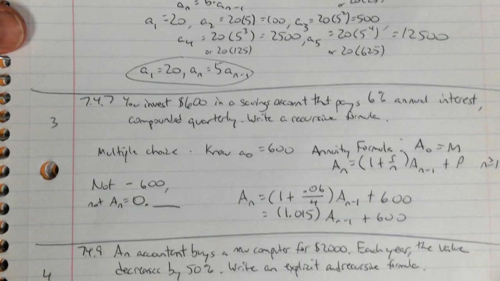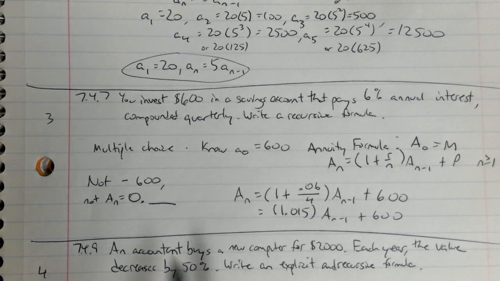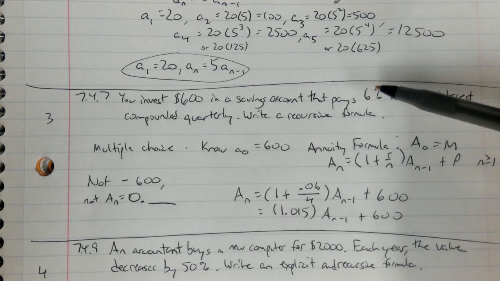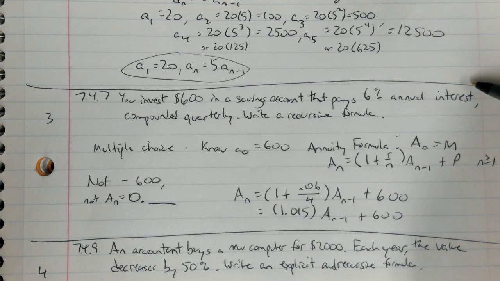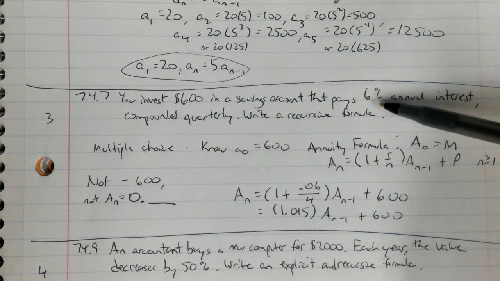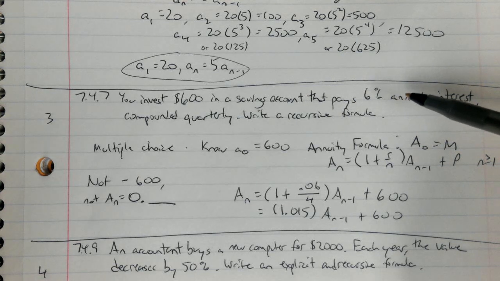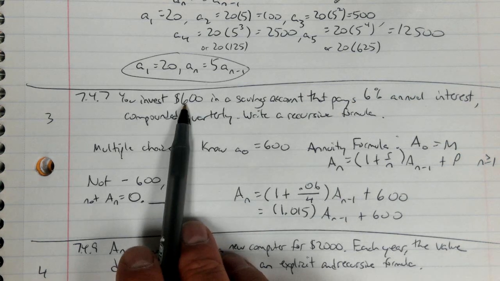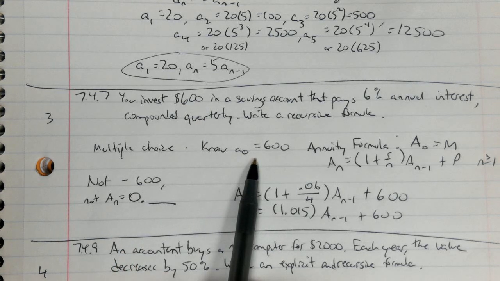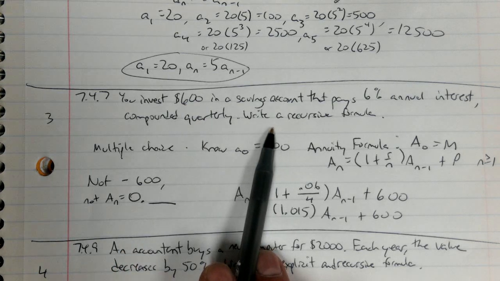On our next one, it's a multiple choice. It says you invest $600 in a savings account that pays 6% annual interest, compounded quarterly, and write a recursive formula. So just think about what you know. You know your initial amount is 600, and we want to write a recursive formula.